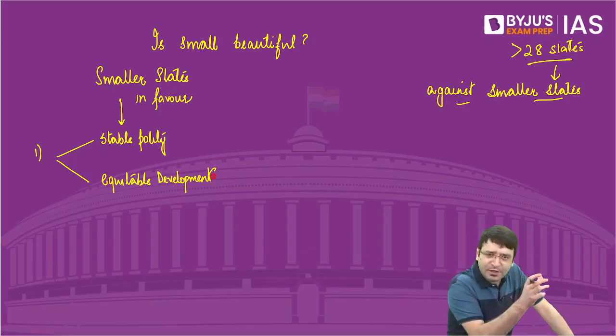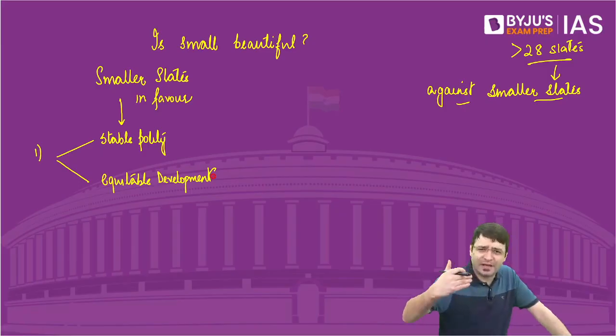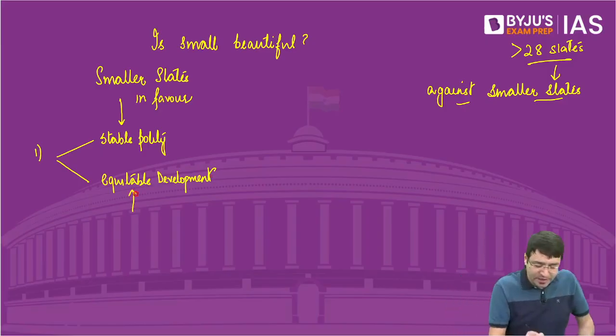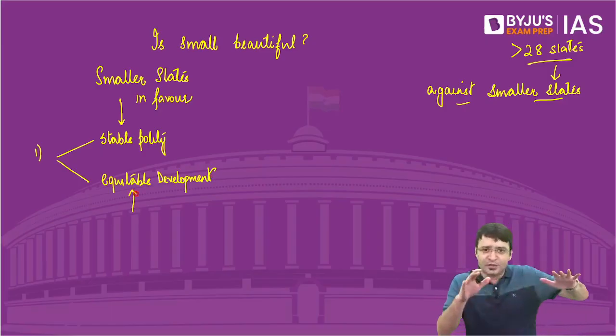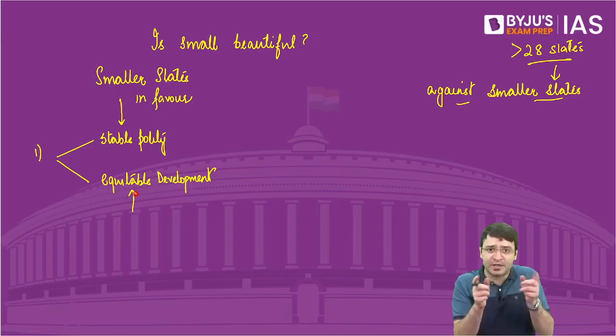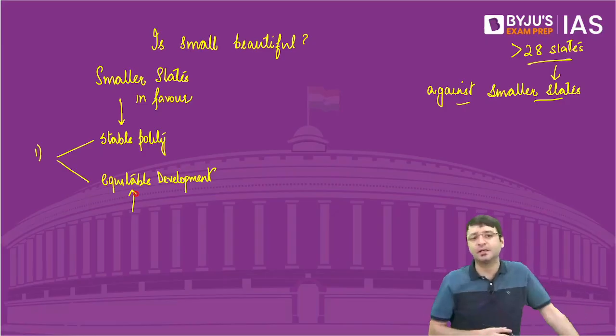You will see one particular area developed, but the other areas are lagging behind. Lagging behind when it comes to education, sanitation, health infrastructure, roads, universities, development, the access to power. So if we have more and more smaller states, it will lead to equitable development. That means all the areas of that smaller state will be equally and not partially developed. So why should we have a smaller state? Because it will lead to equitable development of all the areas of that state.